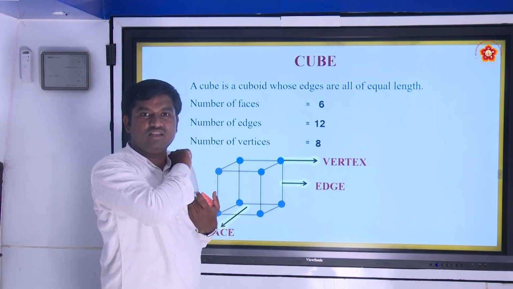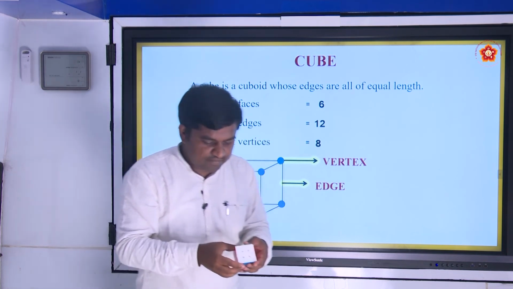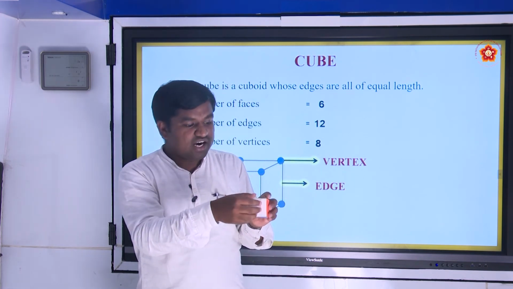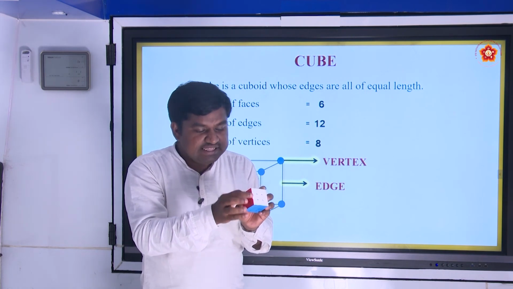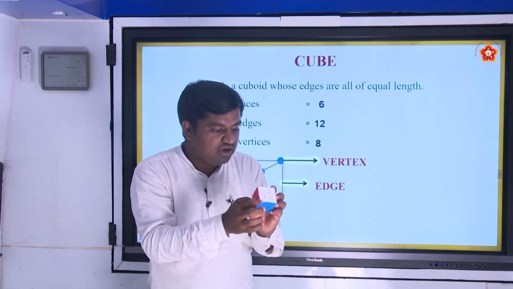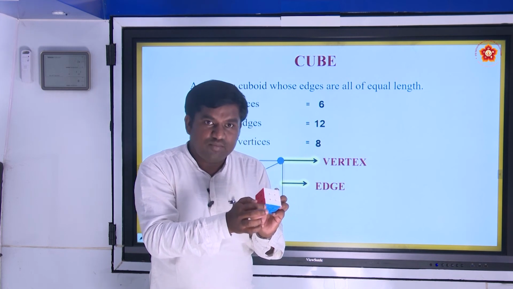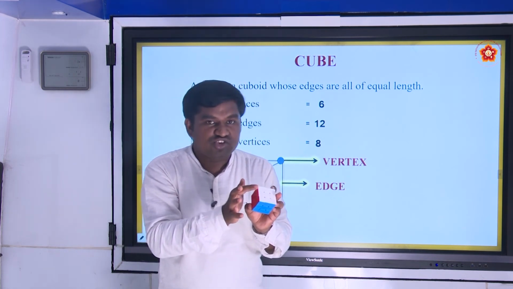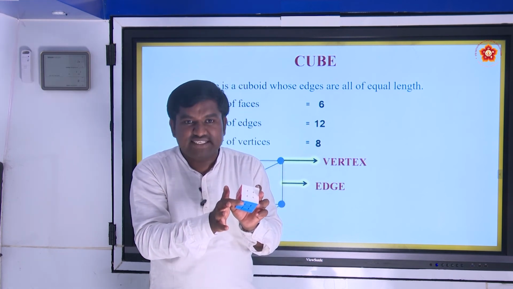Why? See here, each face has 4 edges. Correct. But when we are counting, this edge is applicable for this face and this face also. So you should not count this edge twice.